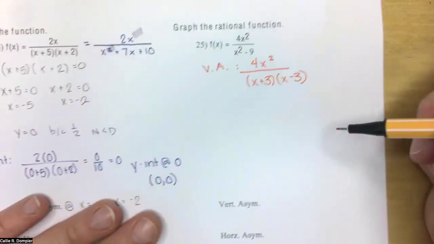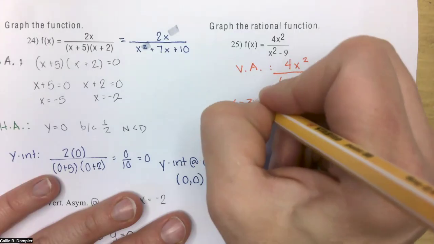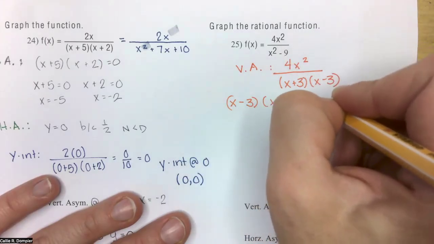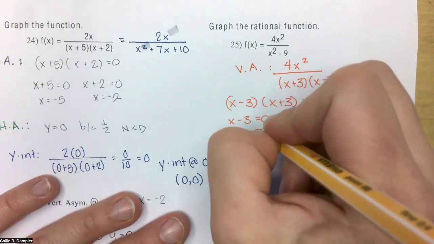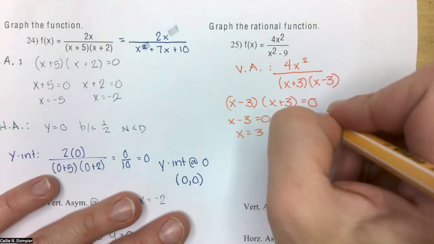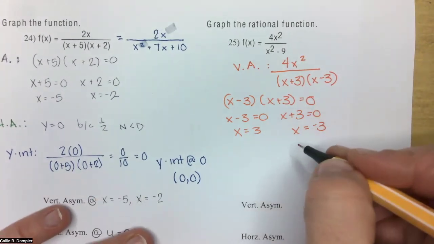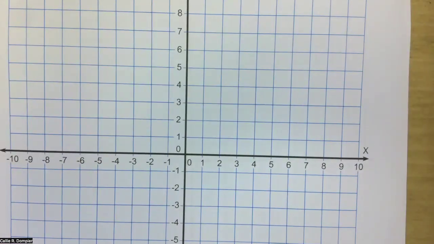If we set that equal to 0, x minus 3 equals 0, x is 3, x plus 3 equals 0, x is -3. So my vertical asymptotes are at x equals 3 and x equals -3. You can go ahead and add them right now.